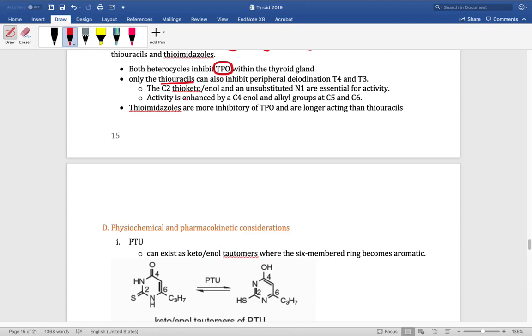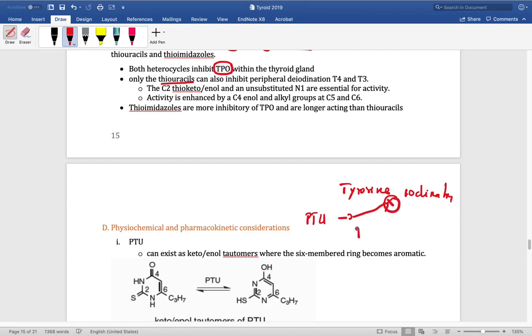As we mentioned, propylthiouracil is going to inhibit TPO in the thyroid gland, so it's going to block tyrosine iodination.